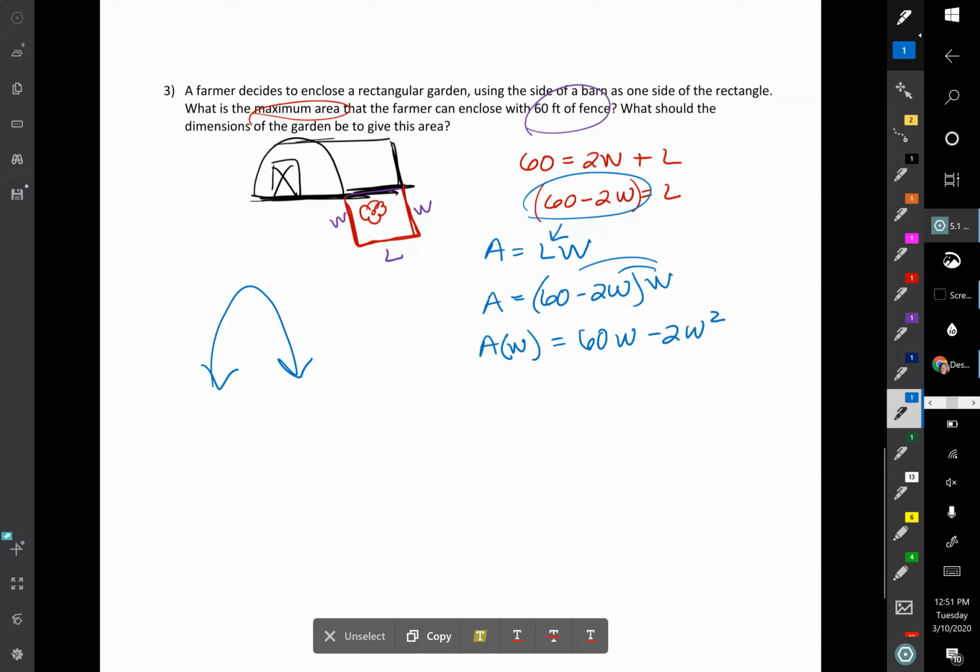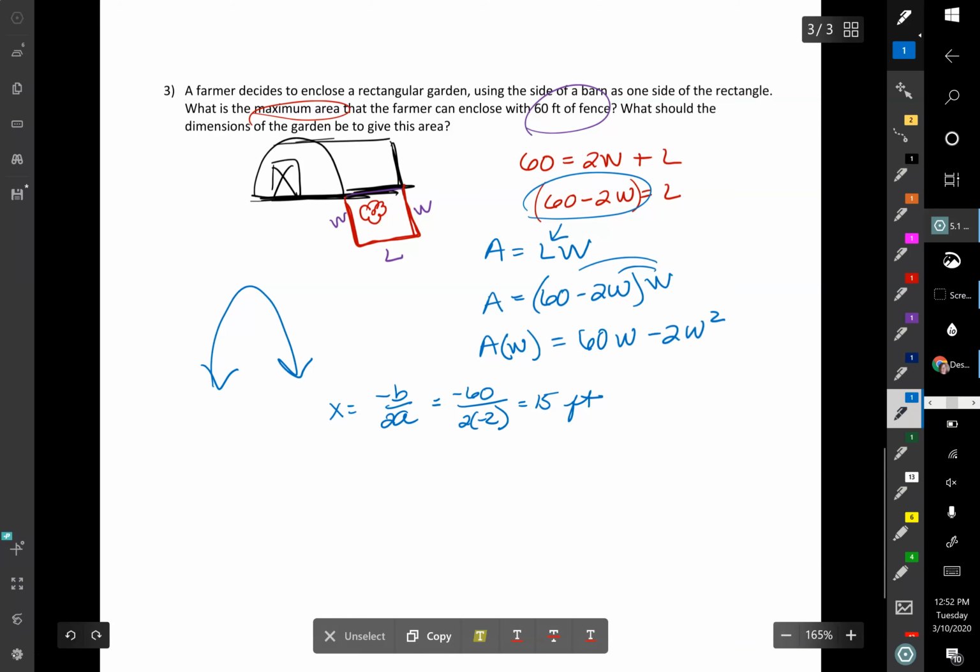We would need to figure out minus B over 2A. So we're going to get our line of symmetry. And if we plug those numbers in, we'll get minus 60 over 2 times negative 2. So we're going to get 15, and that's in feet. So that's going to give the maximum area when X is 15.